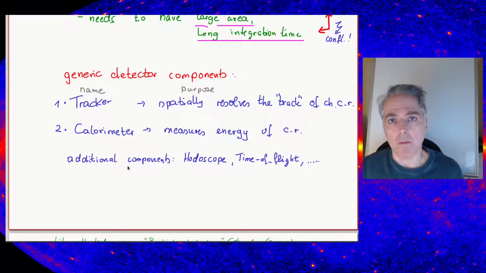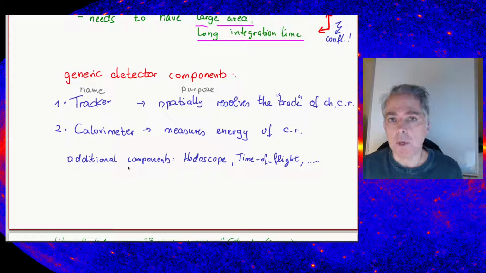There are many different components that make up a cosmic ray detector, and in the best of all worlds, you would combine several different components to make independent measurements of the same quantities. However, there are basically two detector components which you will find universally in all kinds of detectors. In various manifestations, of course, but in principle, you would be interested to measure the track of the charged particle as it passes through the detector.